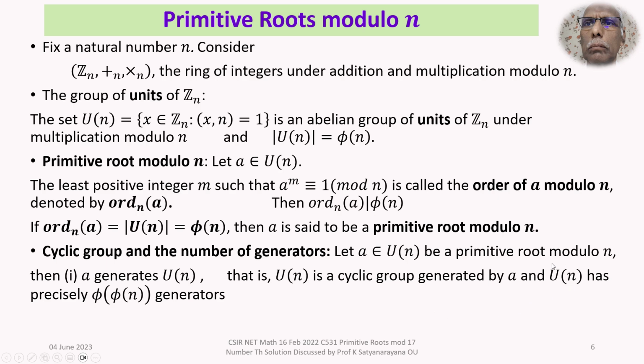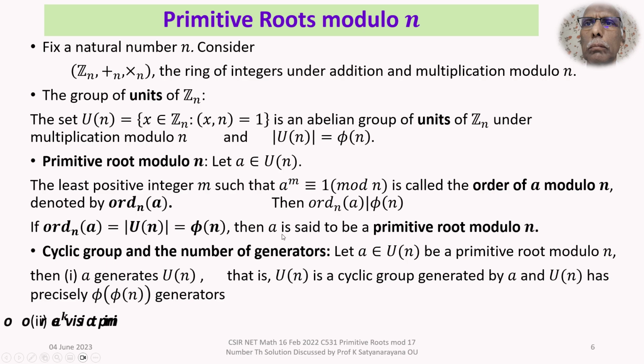Agreed? Because U(n) is of order phi of n. So, the number of generators will be phi of the order of U(n), that is phi of phi of n generators. Now, this much information is sufficient for us to discuss the solution of the given problem.